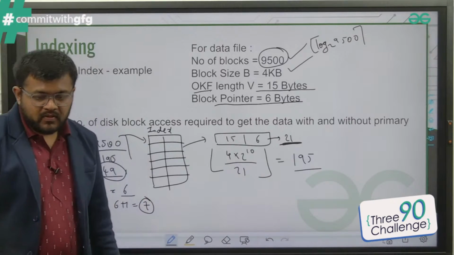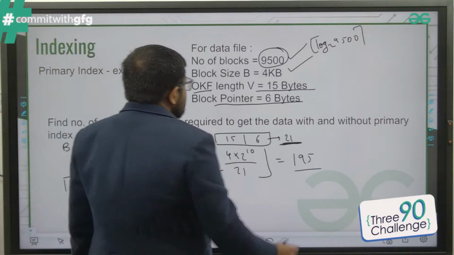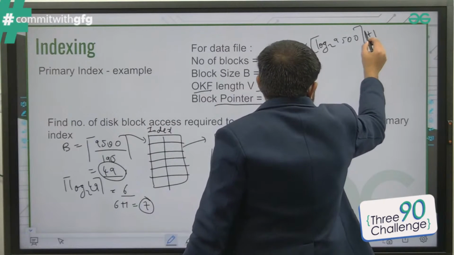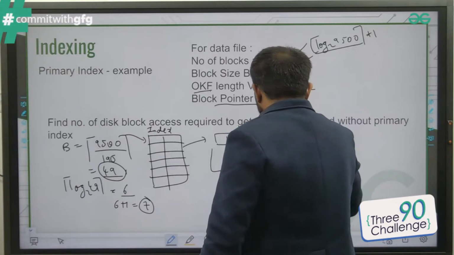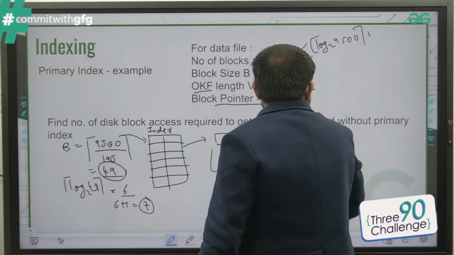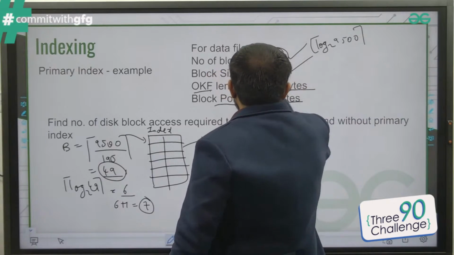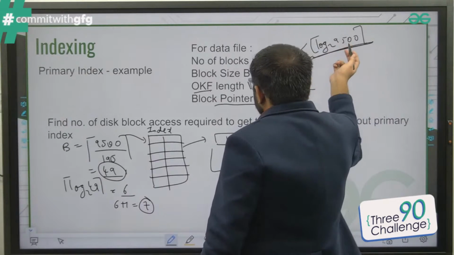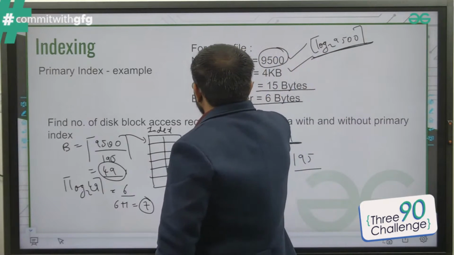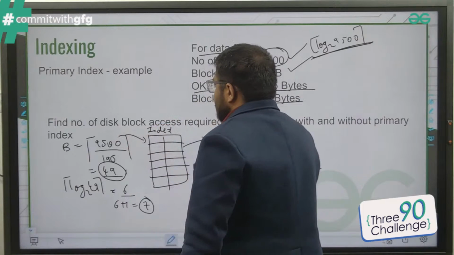Otherwise, without the index, you will require this many block accesses. This will not be plus 1, because here you are directly searching on the given data. You can also apply binary search on this, because this is also sorted, since we are applying primary index.